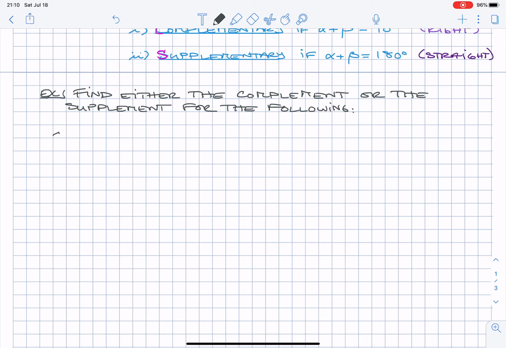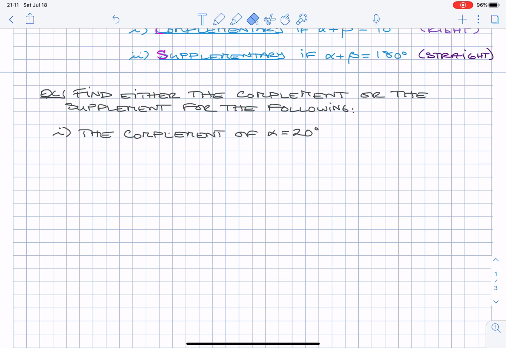So number 1, the complement of, let's do alpha equal to 20 degrees.